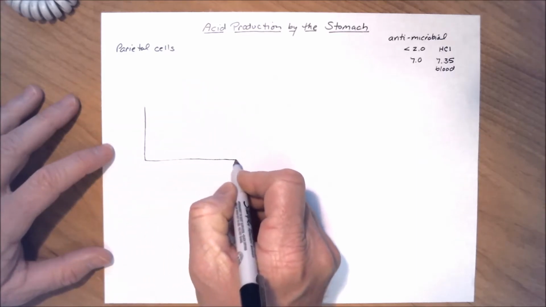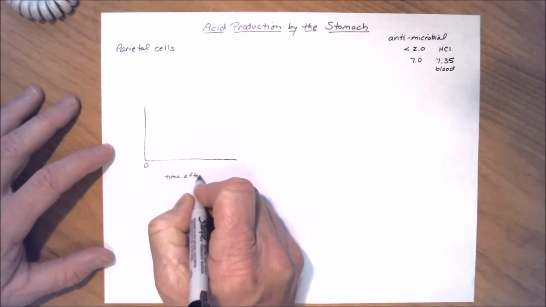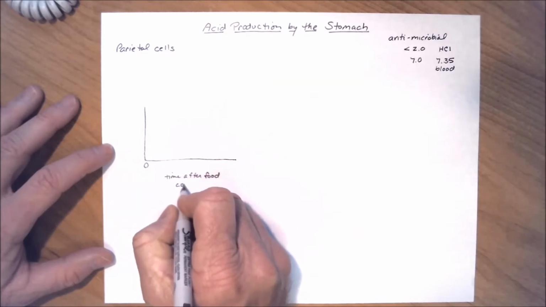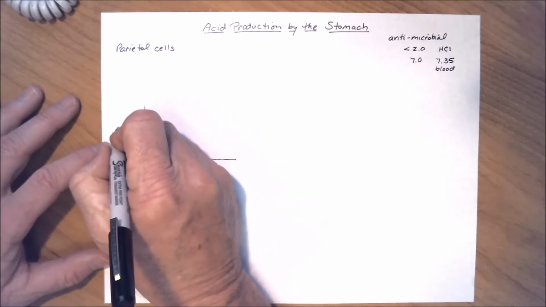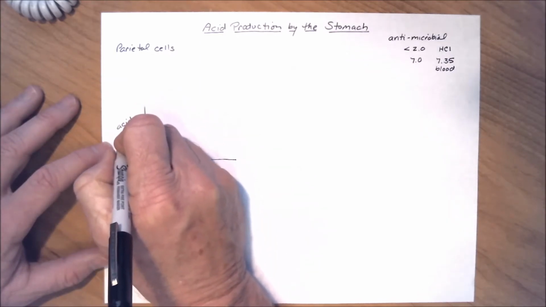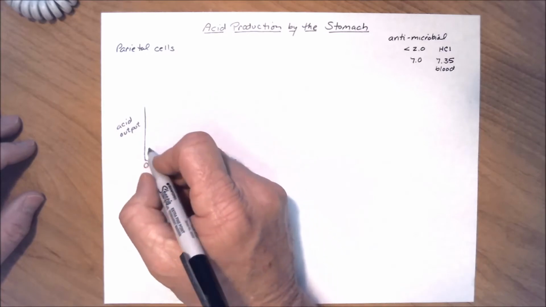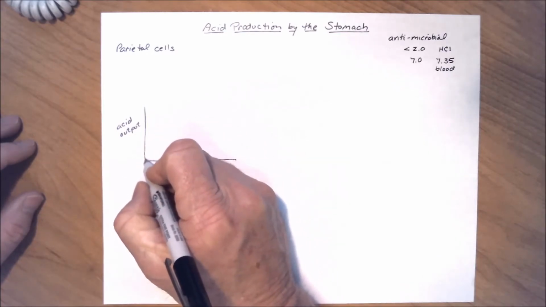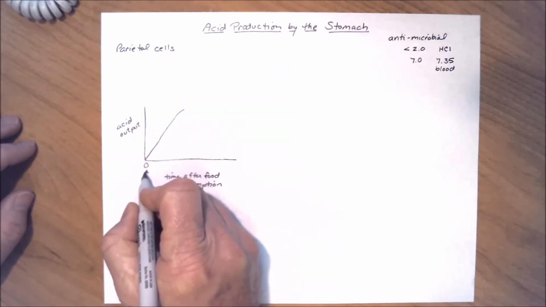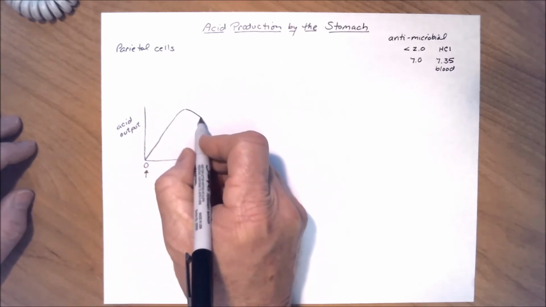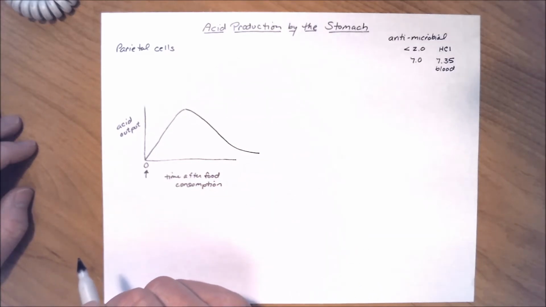If this is time 0 and this is time after food consumption, and here we are measuring acid output on the y-axis, we will see that acid production in the stomach rises very rapidly following the beginning of a meal at time 0, and then slowly dissipates back down closer to neutral pH.